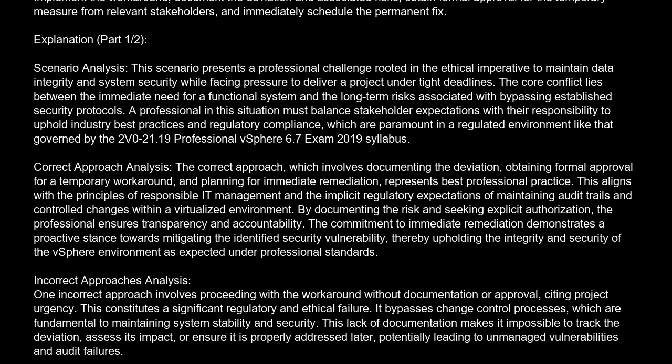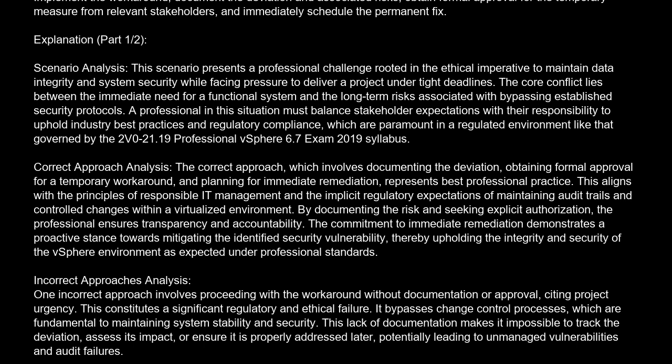Correct approach analysis. The correct approach, which involves documenting the deviation, obtaining formal approval for a temporary workaround, and planning for immediate remediation, represents best professional practice. This aligns with the principles of responsible IT management and the implicit regulatory expectations of maintaining audit trails and controlled changes within a virtualized environment.